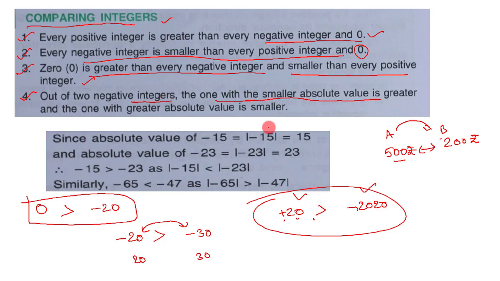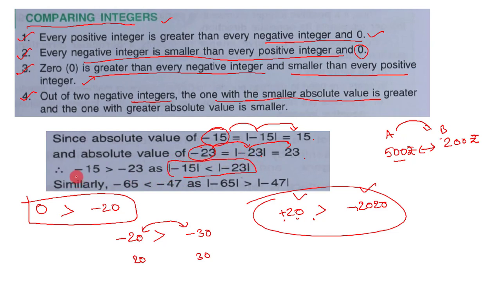Observe this example, minus 15 and minus 23. The absolute value of minus 15 is positive 15, and the absolute value of minus 23 is 23. Which has the smaller absolute value? 15 is less than 23, so mod minus 15 is less than mod minus 23.